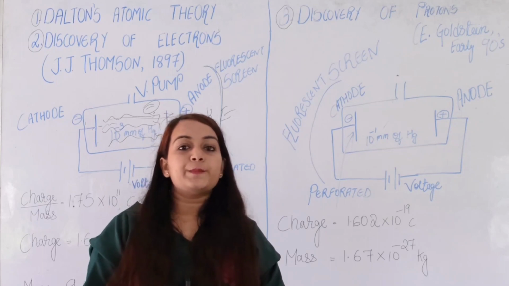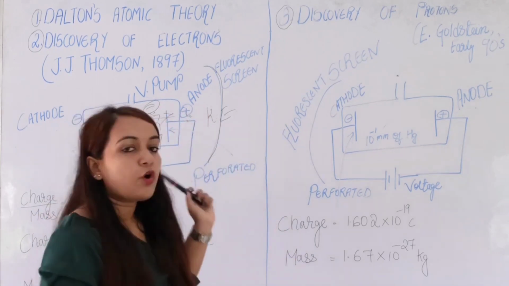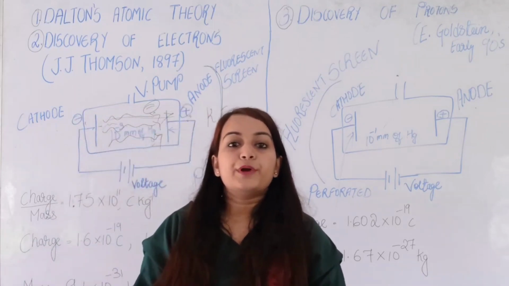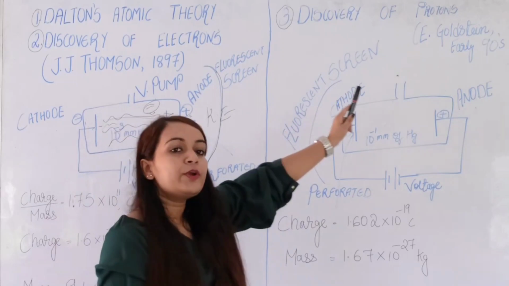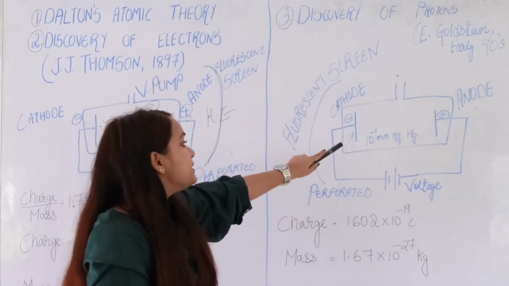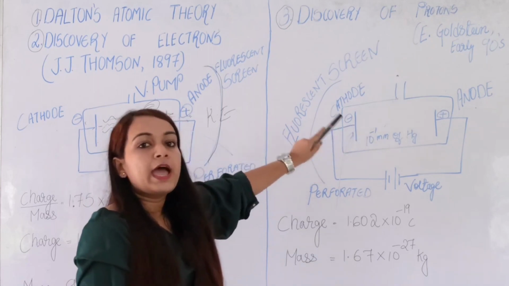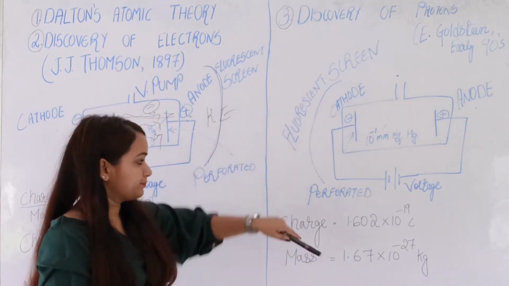But in his experiment, he made some changes. In J.J. Thomson's experiment, a perforated anode was taken, but in E. Goldstein's experiment, he took a perforated cathode. That means a cathode having a series of holes, and a fluorescent screen was placed just at the back of the cathode.